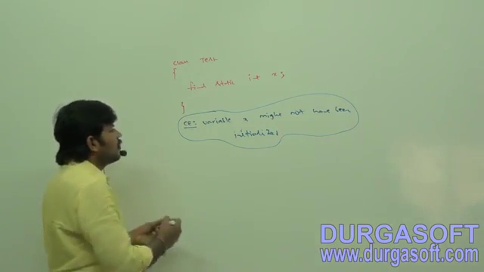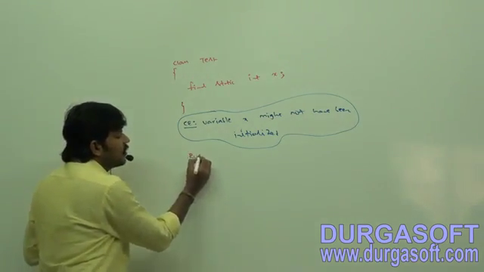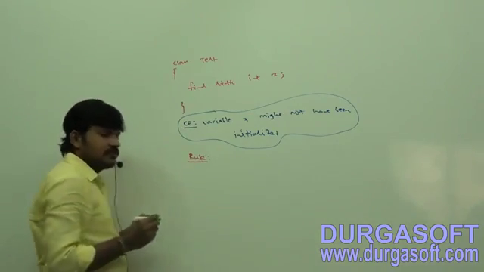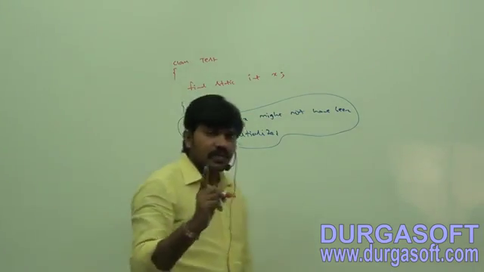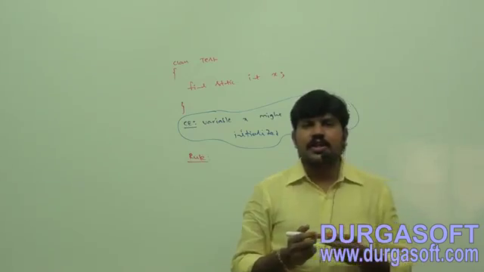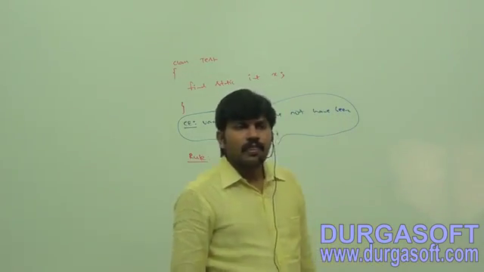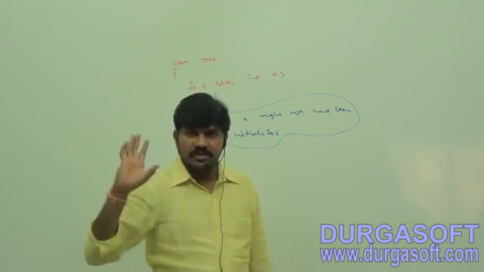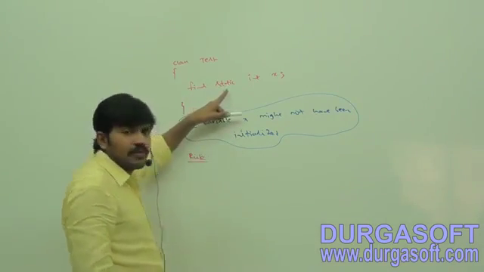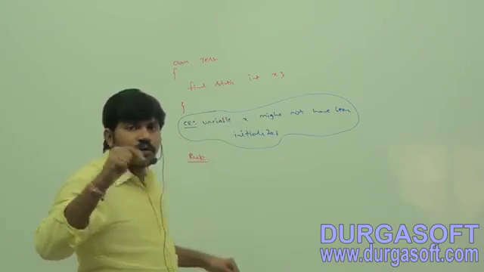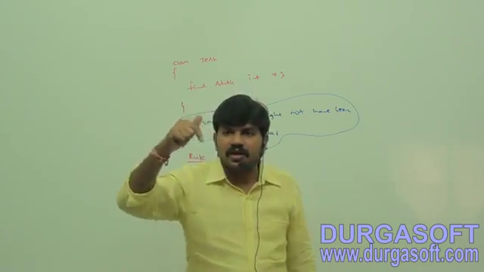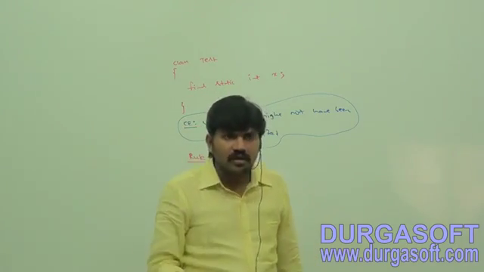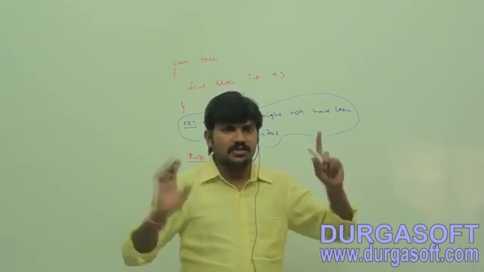Sir, is there any rule to perform initialization for a final static variable? Yes, there is a rule here. If it is a final instance variable, the rule is: before constructor completion, we should perform initialization. If it is a final static variable, the rule is: before class loading completion, compulsorily we should perform initialization.